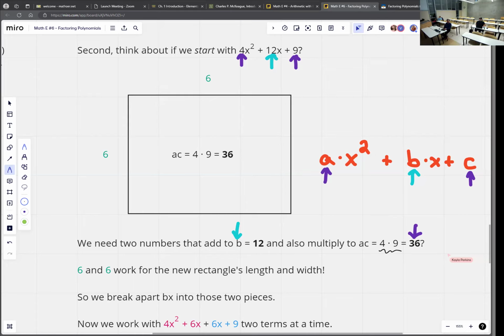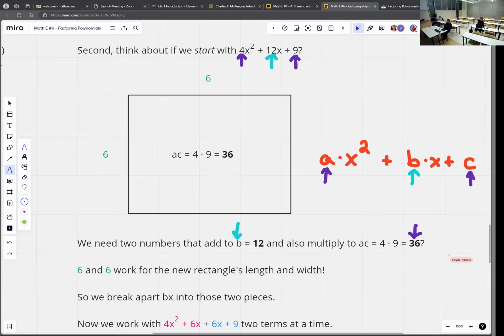Does that add up to 12? Just 4 plus 9? No, 4 plus 9 does not. So the 4 times 9 did multiply to 36. Does it also add up to 12? No, the 4 plus 9 is 13. So we're close, but we're not there. Sometimes it's that easy.